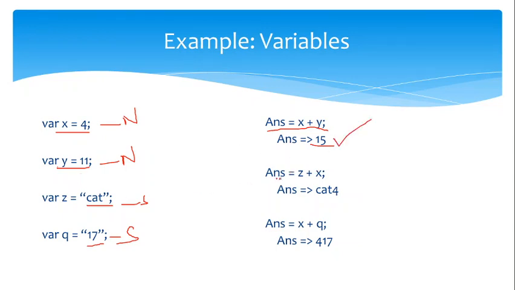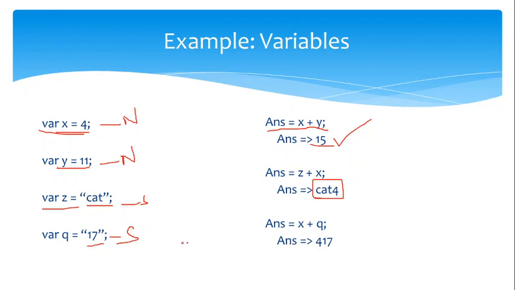Next answer, z plus x. So what is z? z is a cat, and x is 4. We cannot add this; the whole thing will be considered a string.